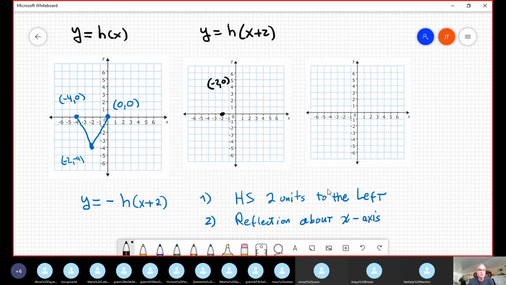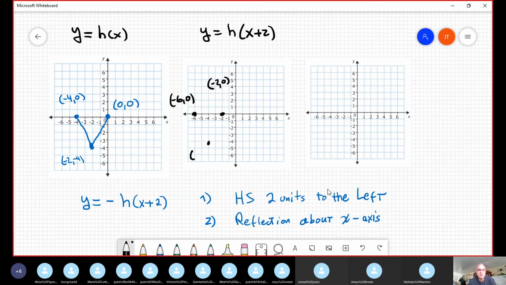Because the x component is subtracting 2 and the y component stays the same. And here is -6, because it's -4 minus 2. This point is now (-6, 0). And this point is (-4, -4), a coincidence, -4 here.